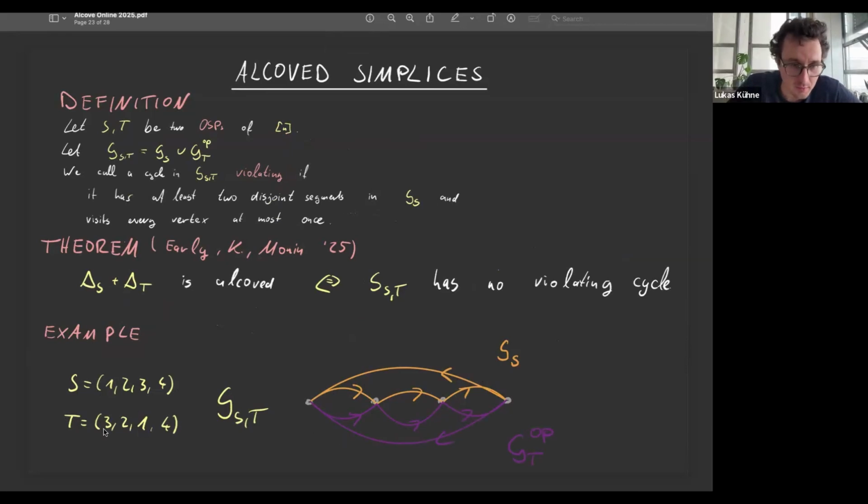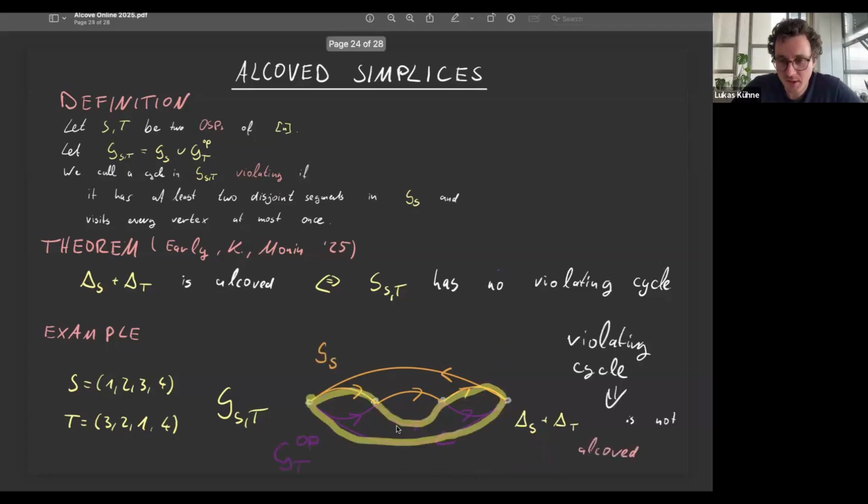The purple one is the graph of T, but I reverse all edges, so they end up being the same. I kind of read it backwards: from 4 to 3, 3 to 2, 2 to 1, 1 to 4. I look at GS as upper edges, and these purple ones I drew below.